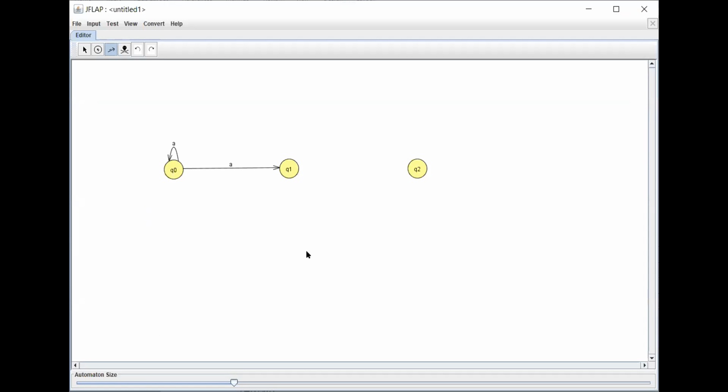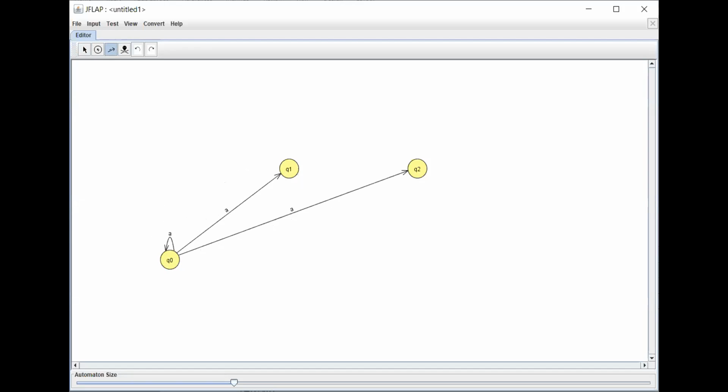So Q naught on A will be Q naught, Q1, Q2.